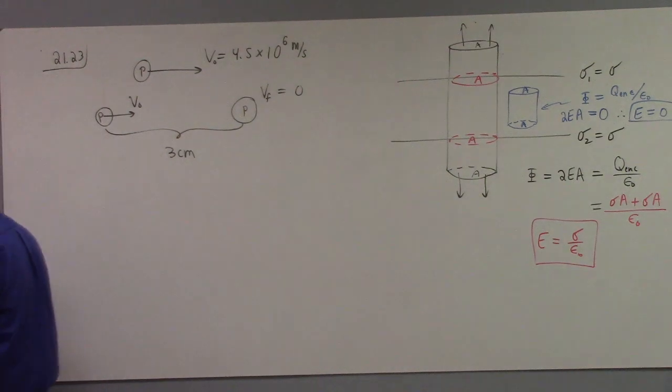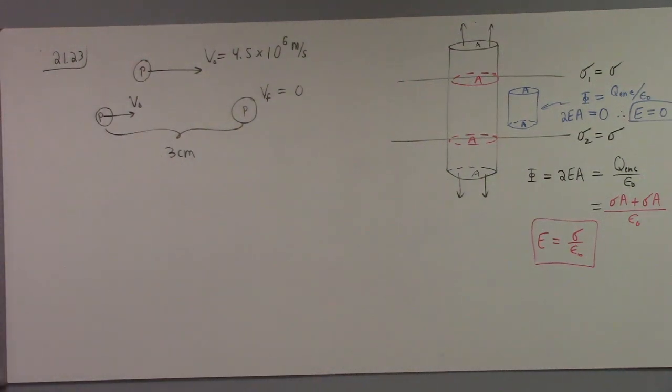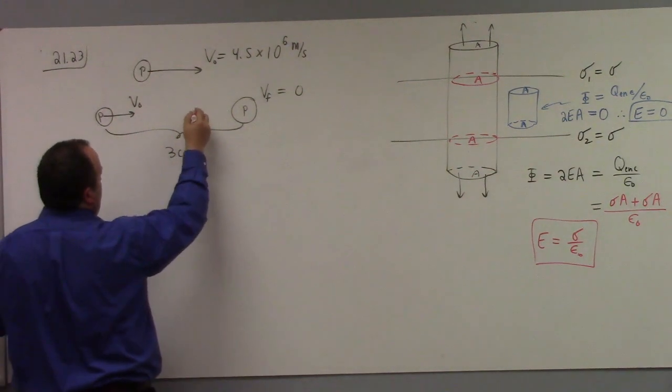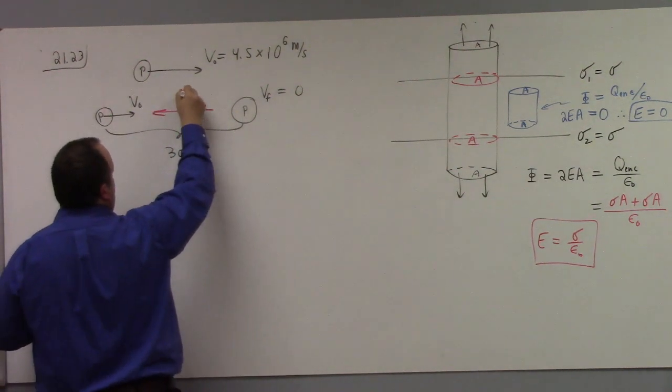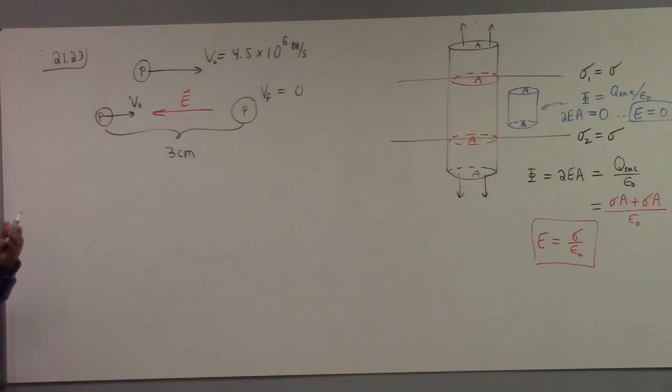And of course, we're talking about a uniform electric field. What direction does the electric field have to be pointing? It's pointing this way, pushing the proton back, slowing it down. It says the weakest electric field, so that would be the one directly opposite.